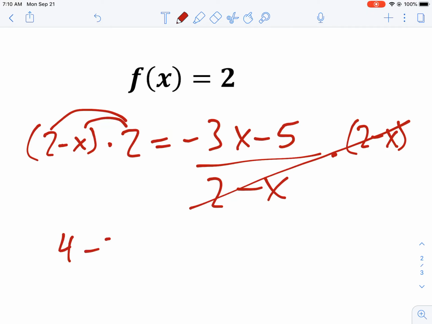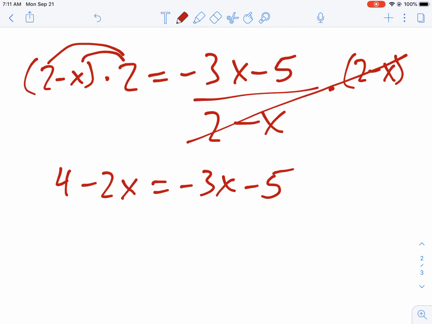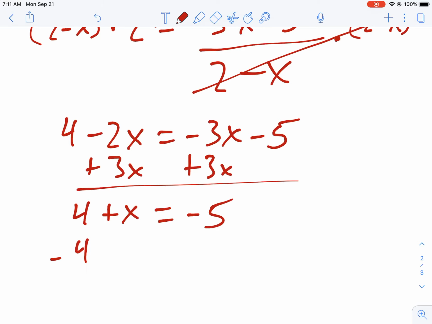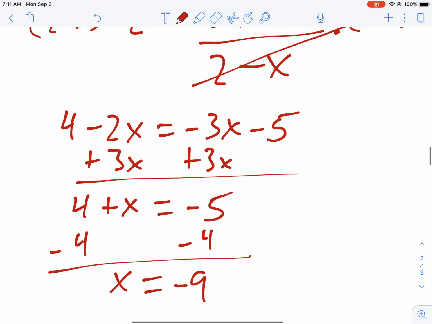So that gives us 4 minus 2x equals negative 3x minus 5. Now we want to start solving for x, so I'm going to add 3x onto both sides. That gives us 4 plus x equals negative 5. Now I can subtract 4 on both sides and get x equals negative 9.